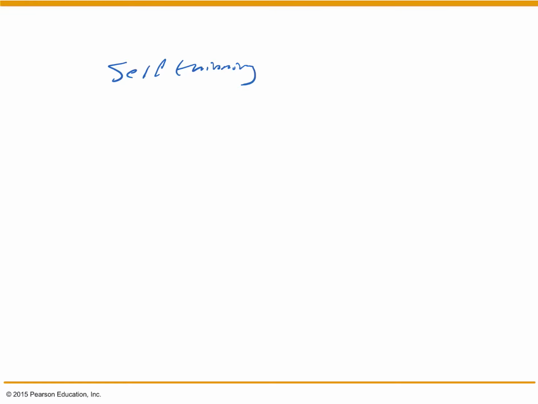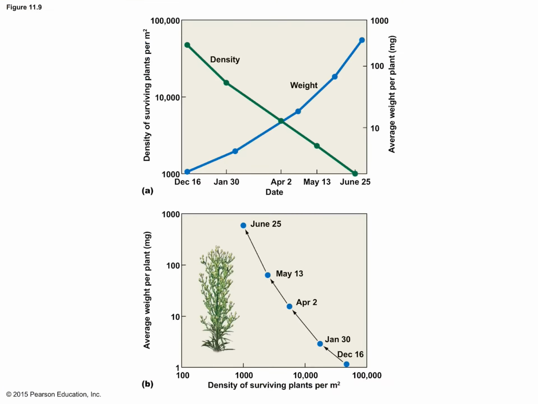So here we see a couple of graphs for some plants. In the top one, I think it's the same species in both. So in panel A at the top, you're looking at changes in the number of surviving individuals and average plant size through time for an experimental population of horseweed.